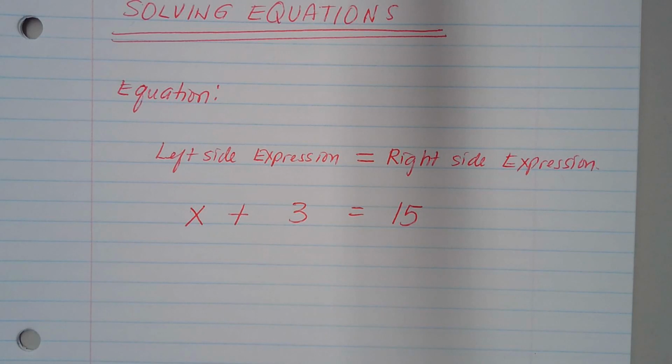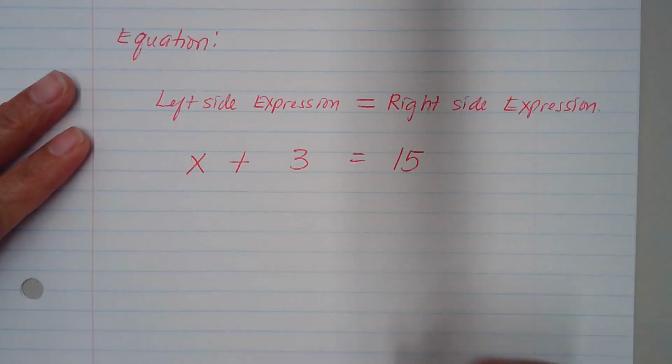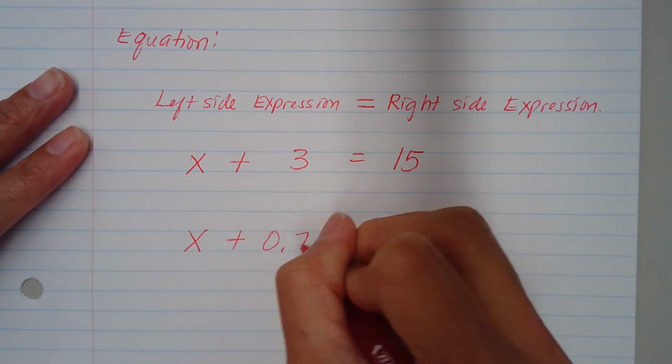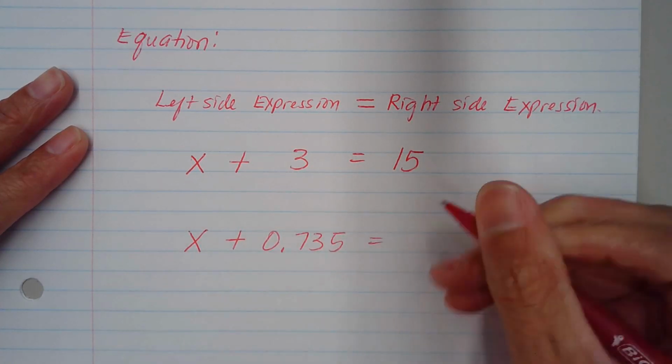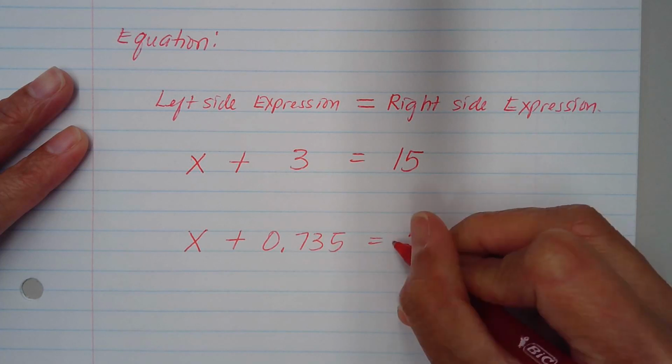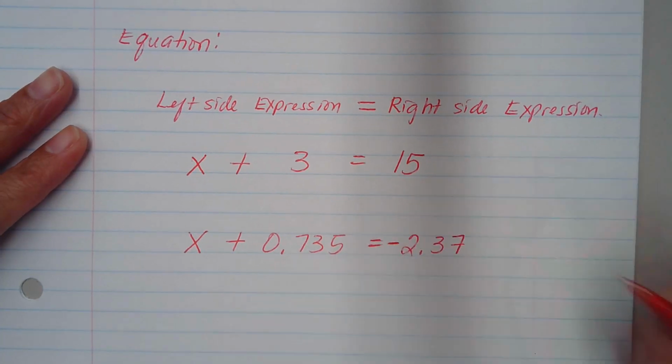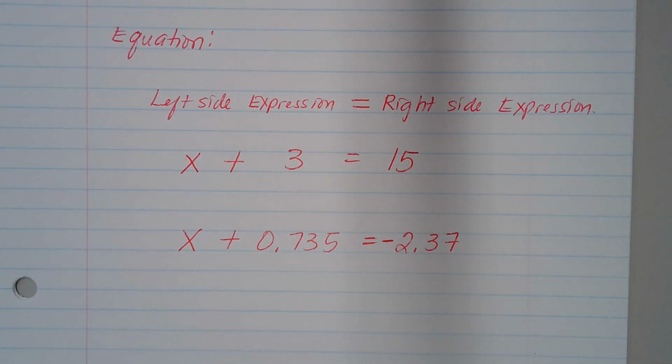Now I'm going to ask you a different one. The second equation there is a very similar concept. I just changed the numbers. Now, that one is a little bit challenging. Like, how do you do that, right?